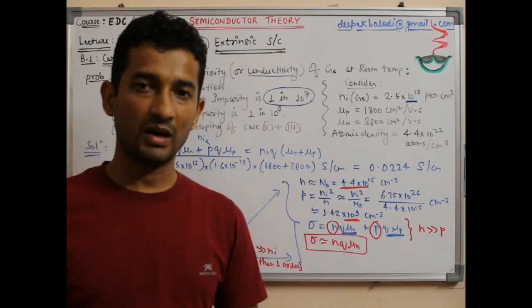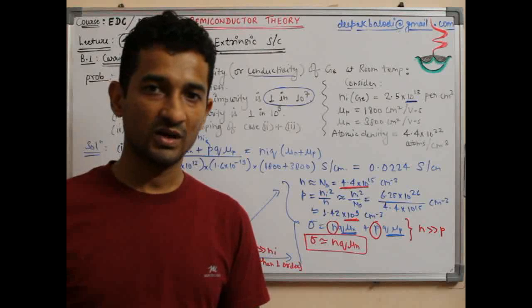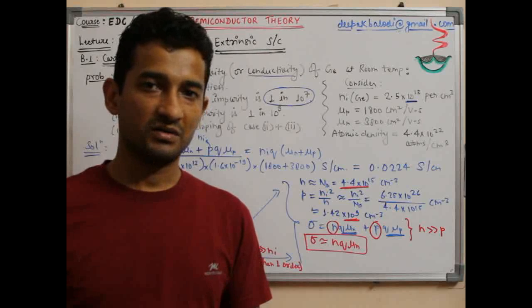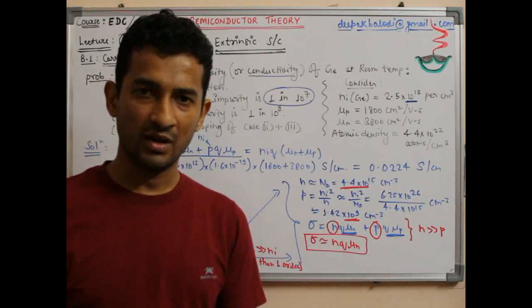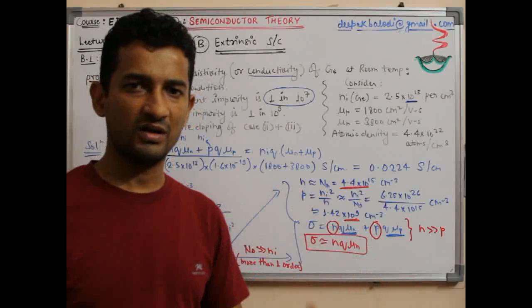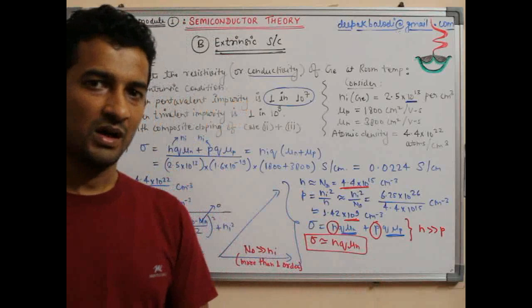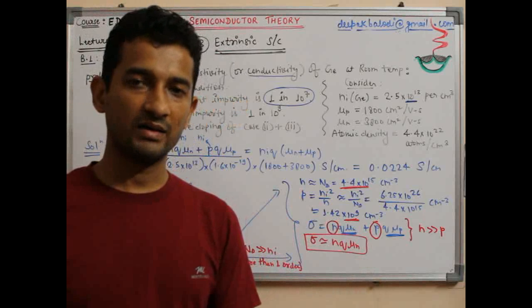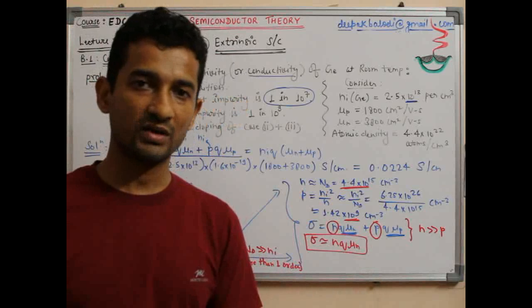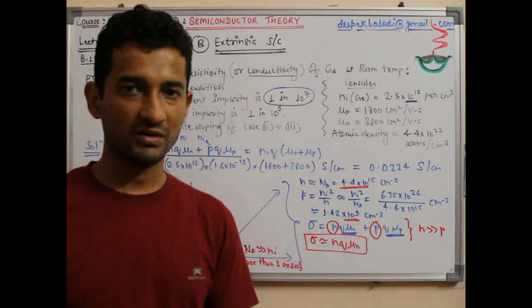We conclude that in extrinsic semiconductors, the majority carrier concentration will always go 3 or 4 or 5 or 6 orders more than the minority carrier concentration. In any case, not even germanium, for any practical cases, the majority carrier concentration will go up by some 4 or 5 or 6 orders more than the minority carrier concentration.